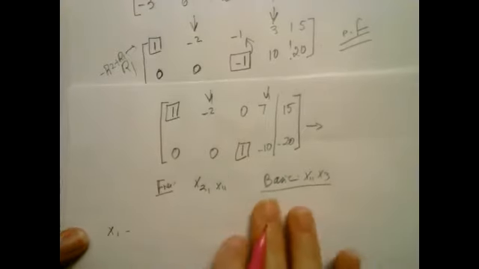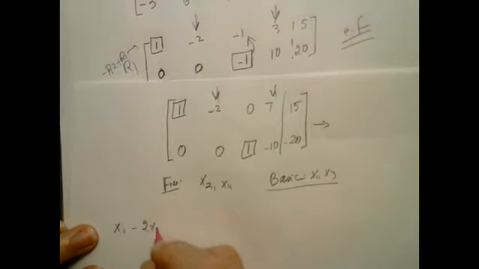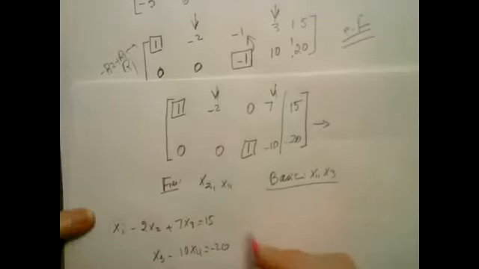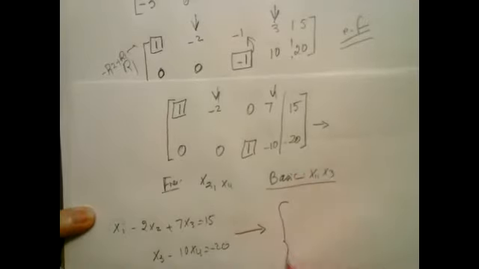So X1 minus 2X2 plus 7X3 equal to 15. Watch, in this case, there is no basic. The only basic here is X1. X3 is not showing up anymore. And the second one would become X3 minus 10X4 equal minus 20. That's not solving. Solving is this.